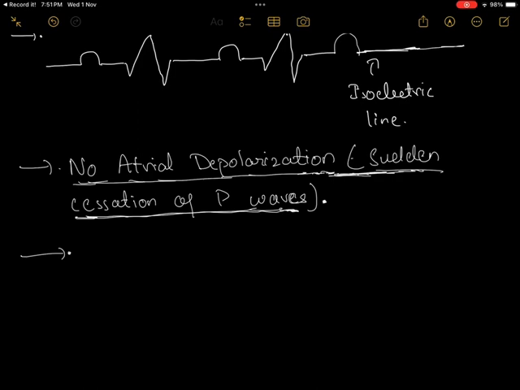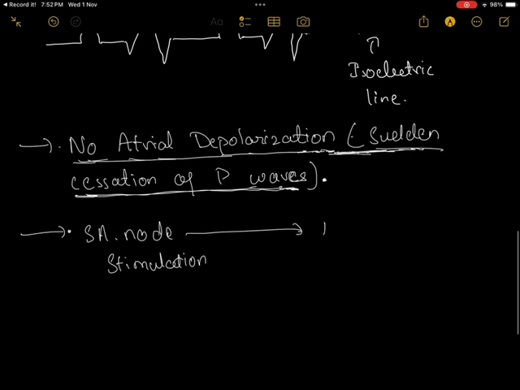So usually the generation of the impulses is from the SA node. Whenever there is a stimulation of the SA node, the impulses get transferred to the AV node. Do you know how the impulses get transferred from the SA node to the AV node?